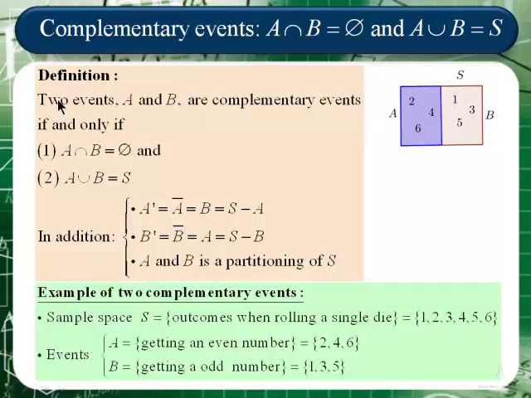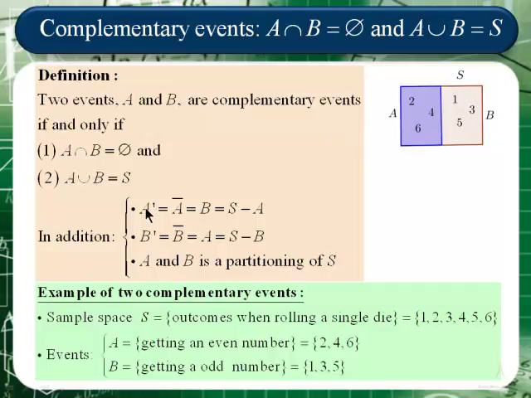So what can we then say? Two events A and B are complementary events if and only if, so in other words, we're looking at a double implication, firstly the intersection is the empty set, as you can see here, and their union turns out to be the sample space.